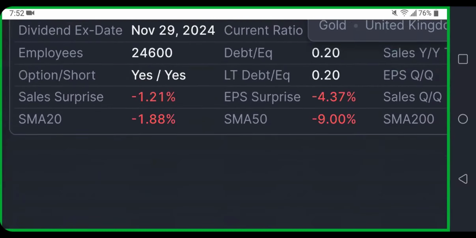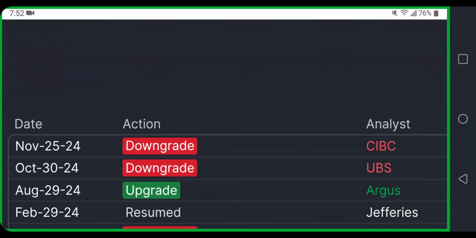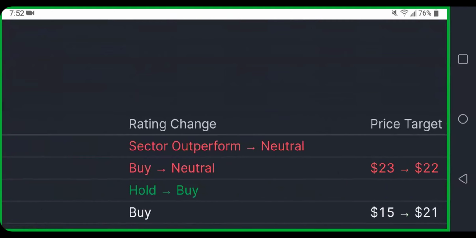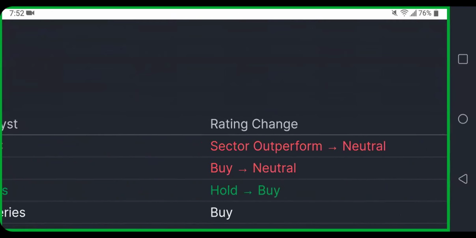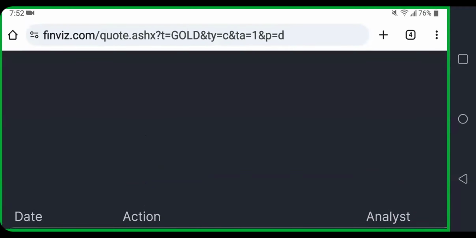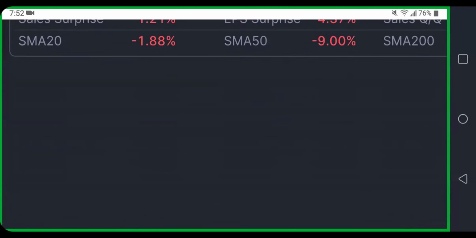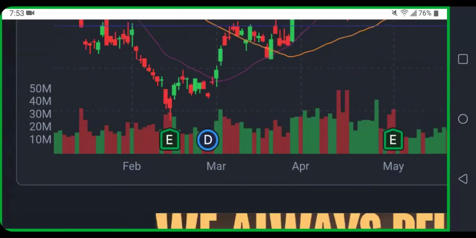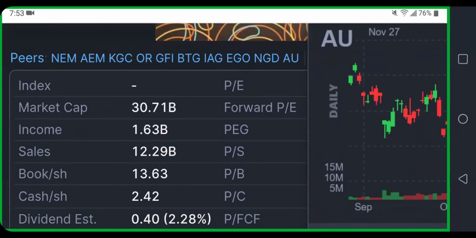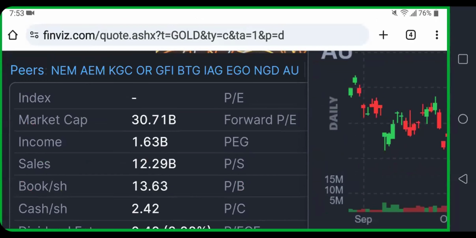Gold got downgraded to neutral, but the other one, AU, got upgraded by the analyst to sector perform. Sorry, this is gold, and the other one is AU.